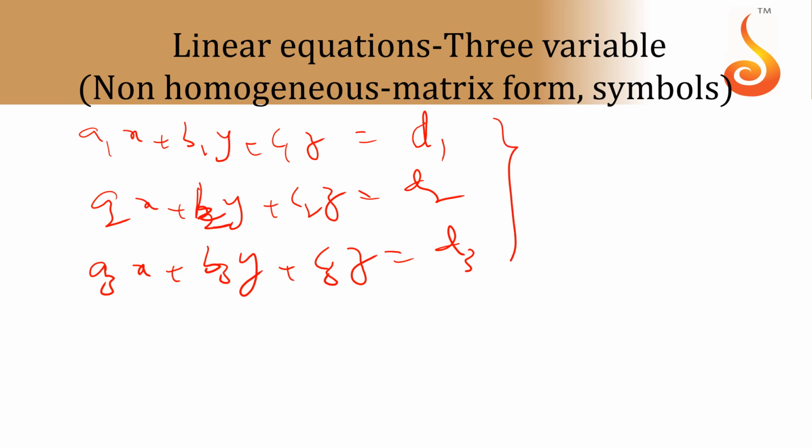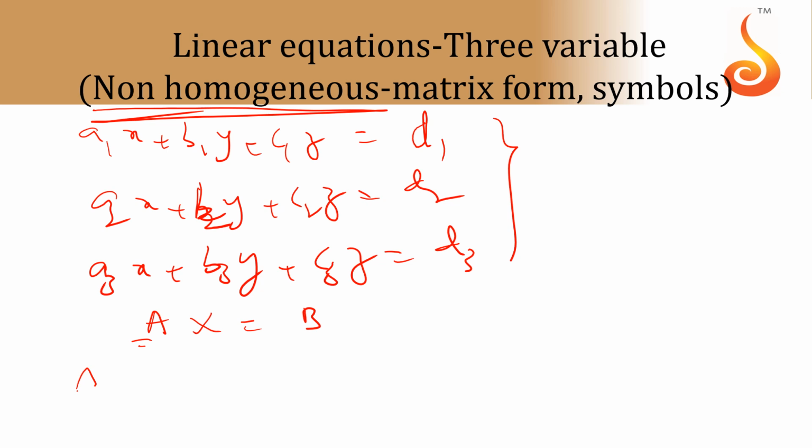If at least one of d1, d2, d3 is not 0, it is called non-homogeneous. So similarly here also I can write AX equal to B, where A is a1, b1, c1, a2, b2, c2, a3, b3, c3, X is the xyz column matrix, equal to B, which is also a column matrix d1, d2, d3.